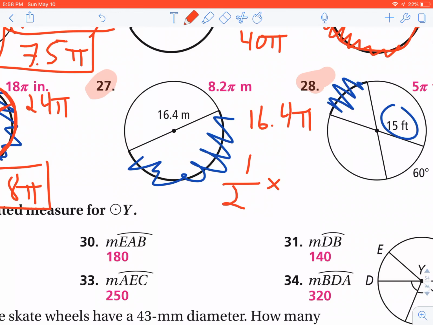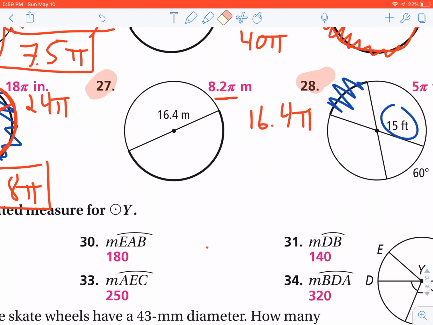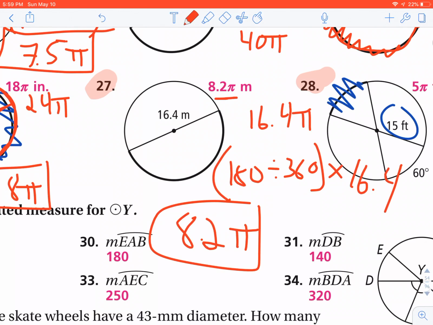So you really could just do 1/2 of 16.4, which is 8.2 pi. Or, if you want to on your calculator, just type in, parenthesis, 180, division button 360 times 16.4, hit enter, it would give you 8.2, at which point you attach pi on and have your answer there.